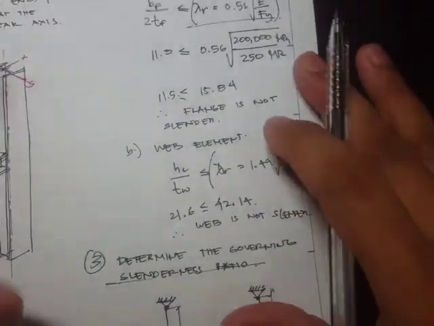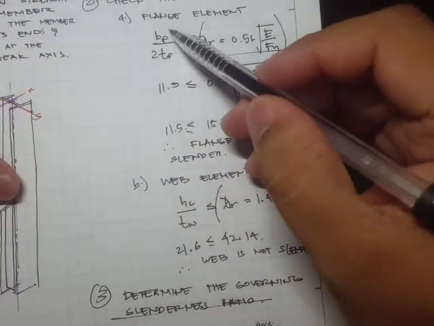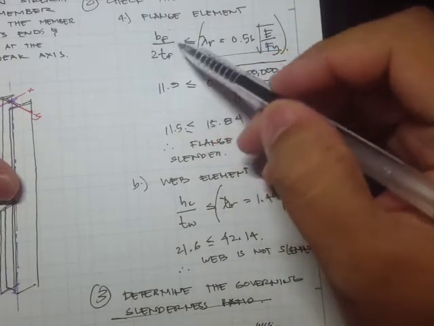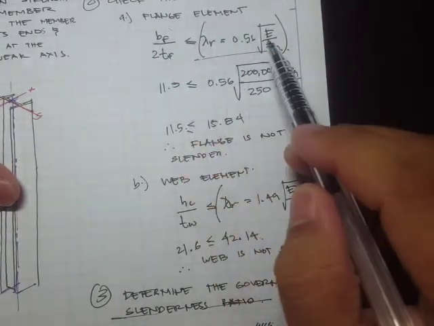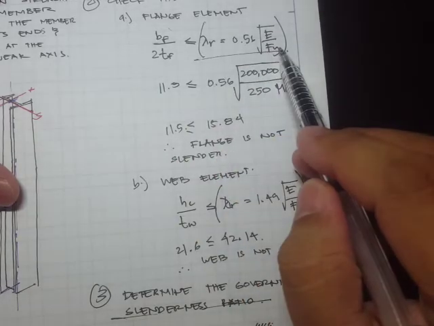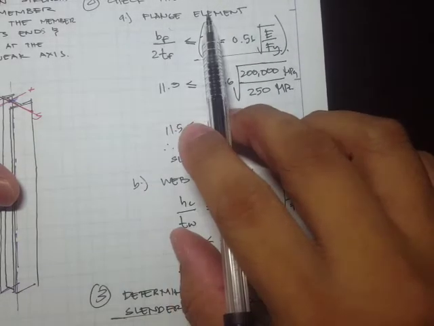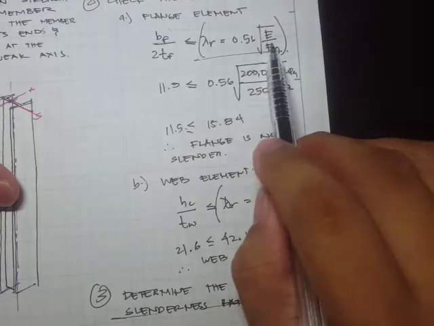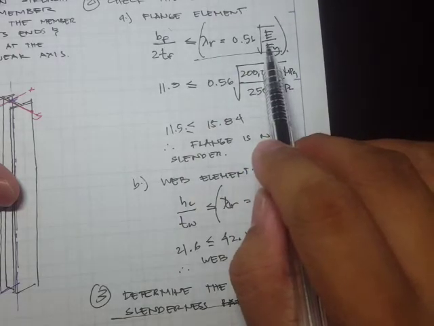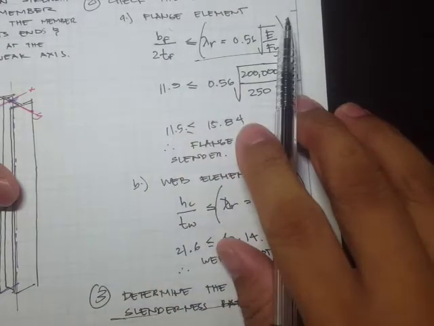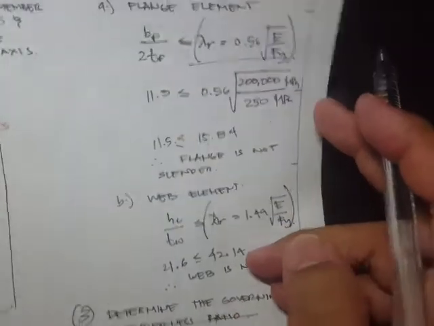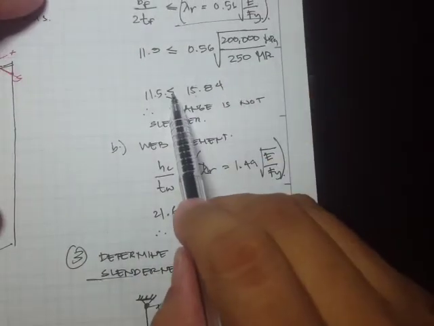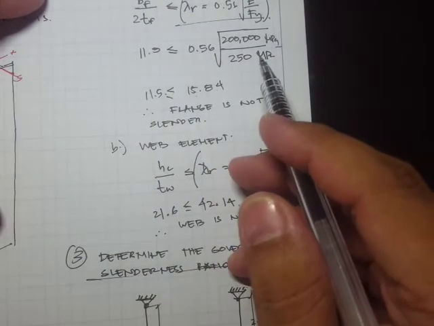So after obtaining the values for the section, we then compare them to the limiting width to thickness ratio. So this one, the flange element, this is the limiting width to thickness ratio, and we solve that. If it is less than, then the flange is not slender. If it's greater than, then the flange is slender.